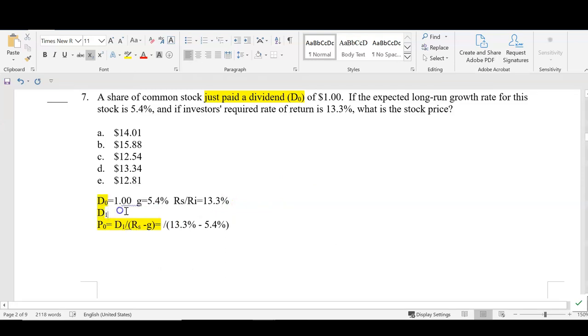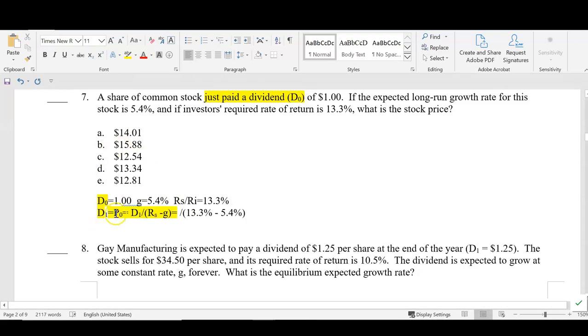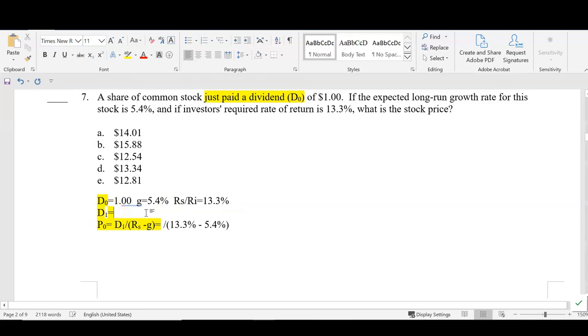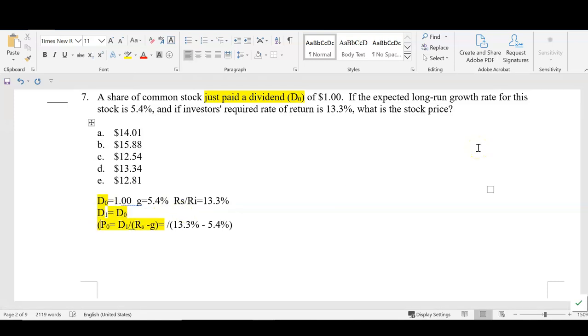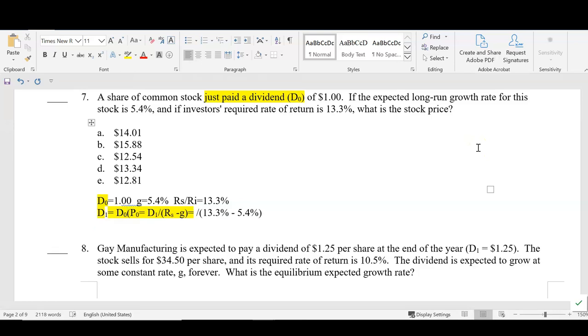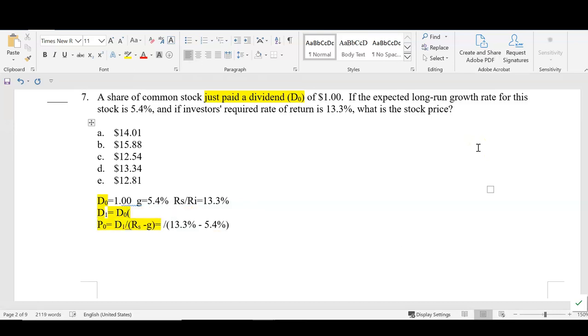D1 equals D0 multiplied by 1 plus G. So it's $1 multiplied by 1 plus 5.4%.